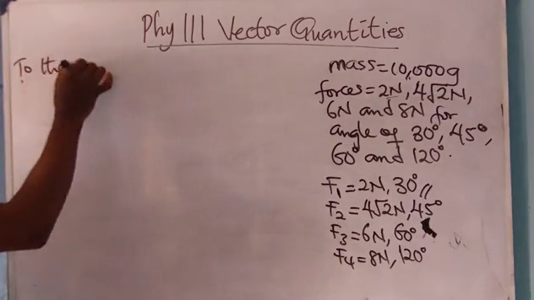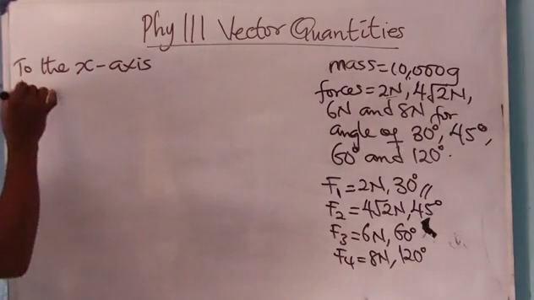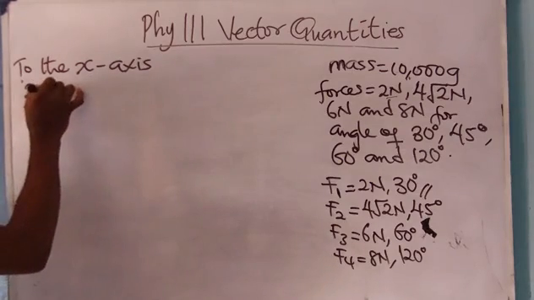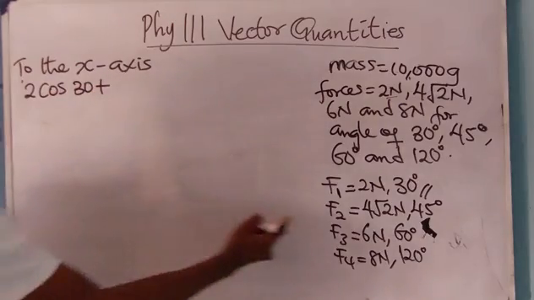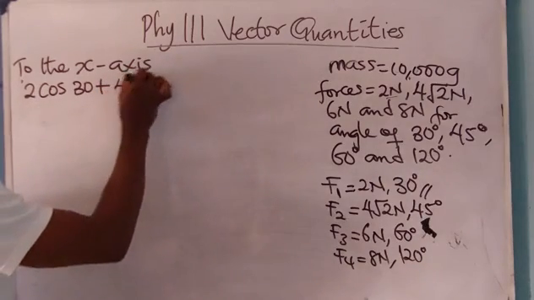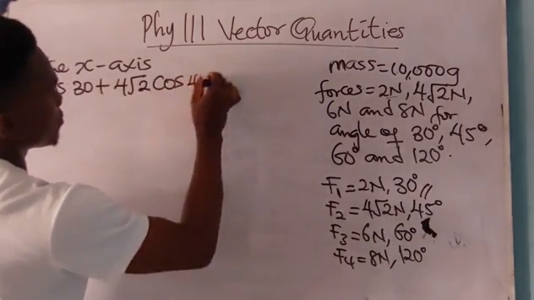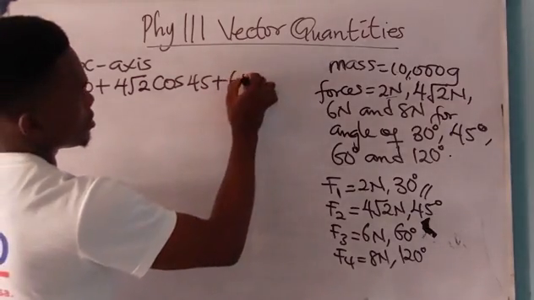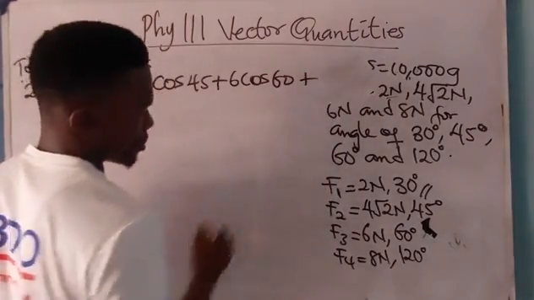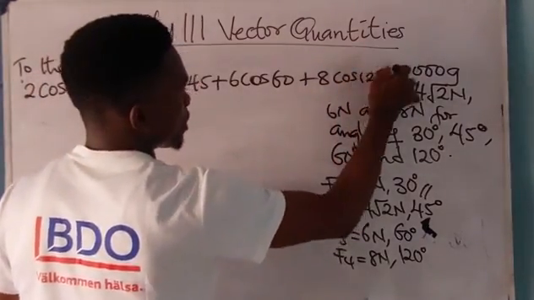Now, since we've been able to do this, along the x axis, which is the horizontal axis, we have 2 cos 30 plus 4 root 2 cos 45 plus 6 cos 60 plus 8 cos 120.